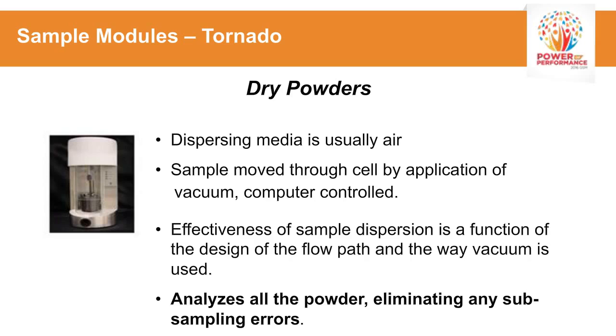But you're typically going to add about enough material to run 20 to 30 seconds. But by analyzing all the powder, you eliminate any subsampling error, any segregation that could have taken place. Once it's in the instrument, it doesn't matter because the instrument's going to analyze all the powder that you gave it.